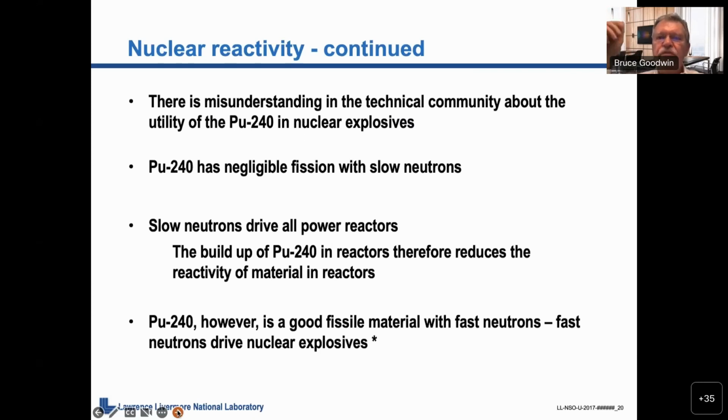And most reactors, power reactors, operate off of slow neutrons. And so in fact, the buildup of plutonium-240 in power reactors slows them down. It reduces the reactivity of the material in the reactors. However, 240 is an excellent fissile material for fast neutrons. And fast neutrons are what drive nuclear explosives.